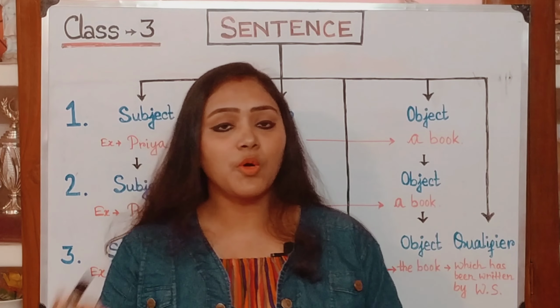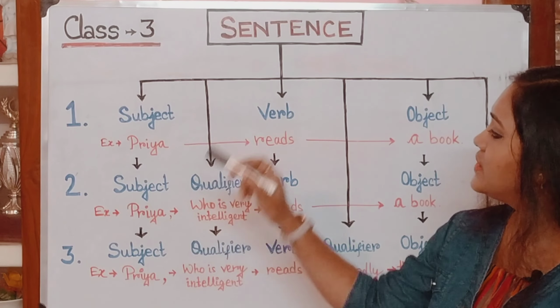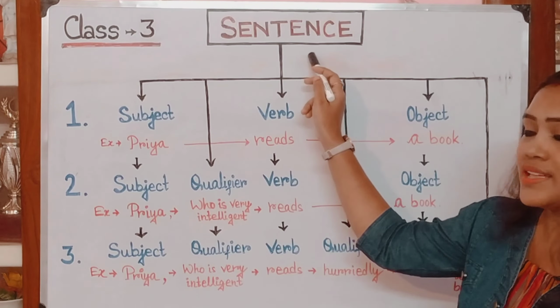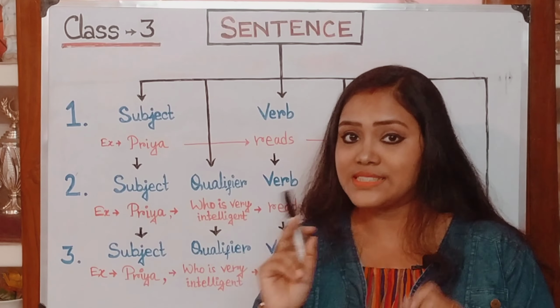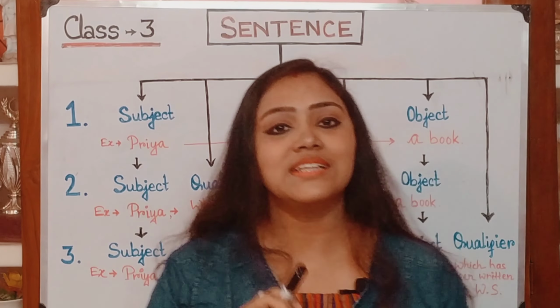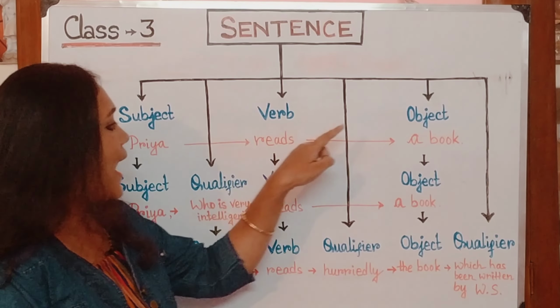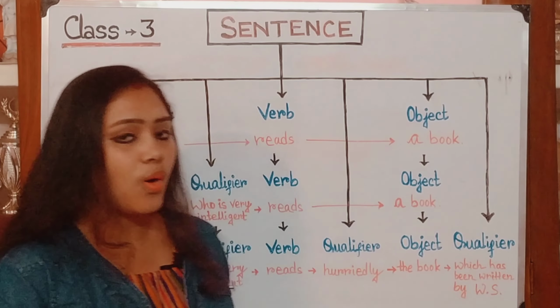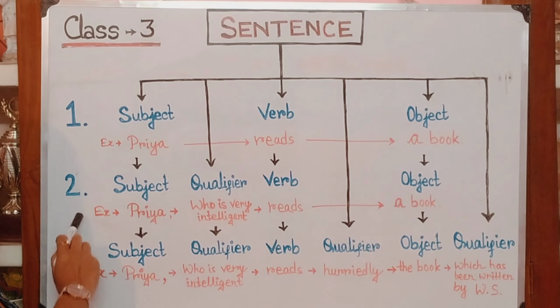So, I am going to my class. Here you can see, I have made the boardwork sentence which is divided into three parts: subject, verb and object. I have given the markings 1, 2 and 3.